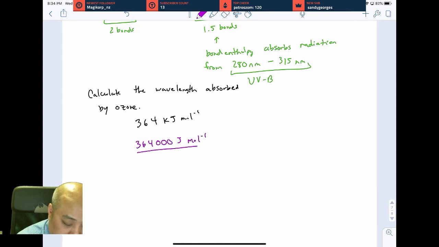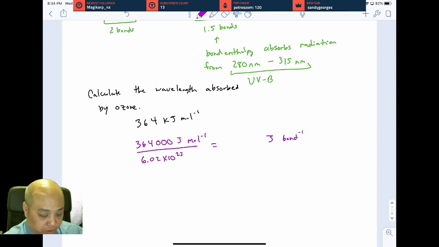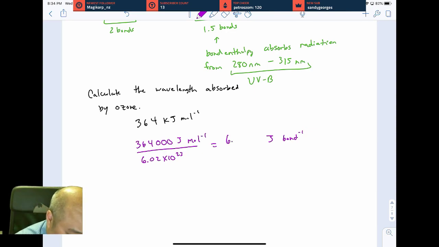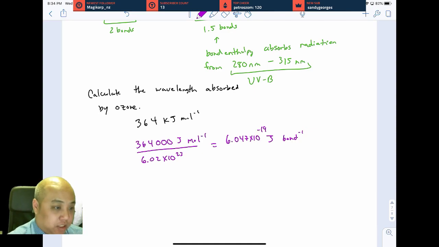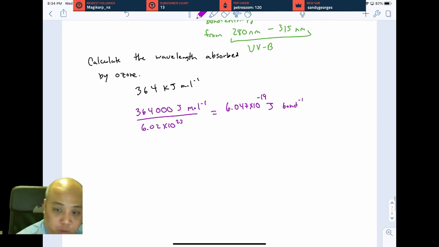And then we have to divide by 6.02 times 10 to the 23rd to figure out how many joules per bond, because a mole is 6.02 times 10 to the 23rd bonds. So, 364. We get 6.047 times 10 to the negative 19th joules per bond.